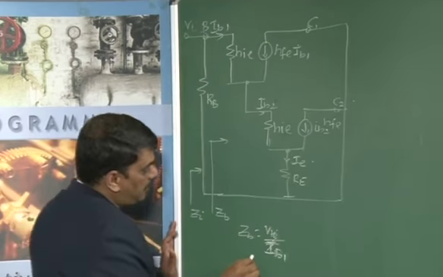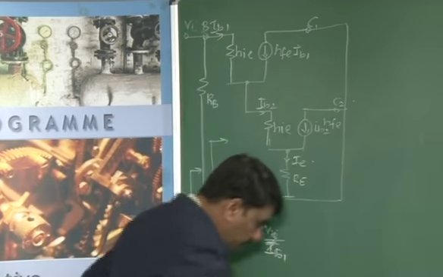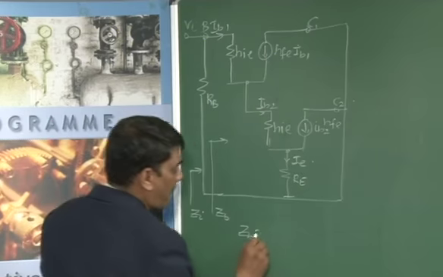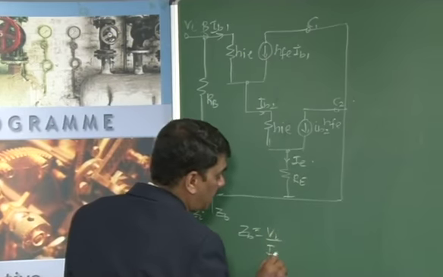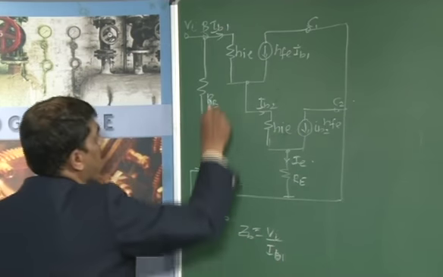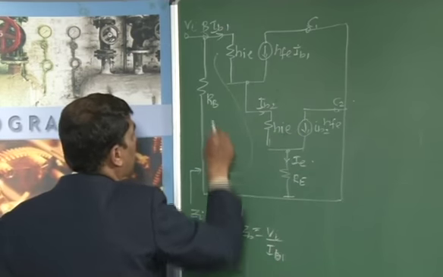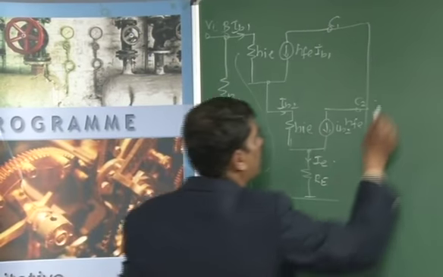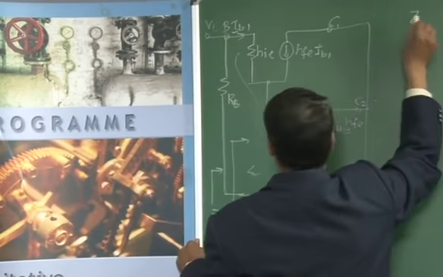Therefore, the input impedance ZB is given by Vi by Ib1. Here we need to derive an expression for Ib1 by applying KVL to this path, excluding the resistance RB.